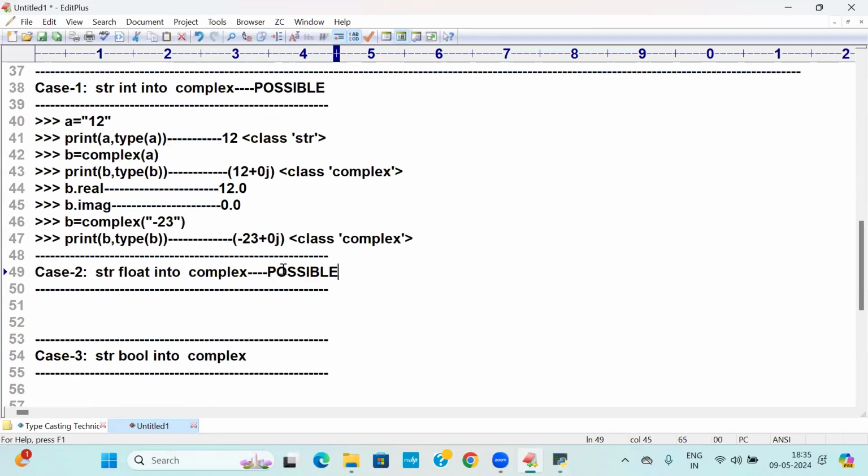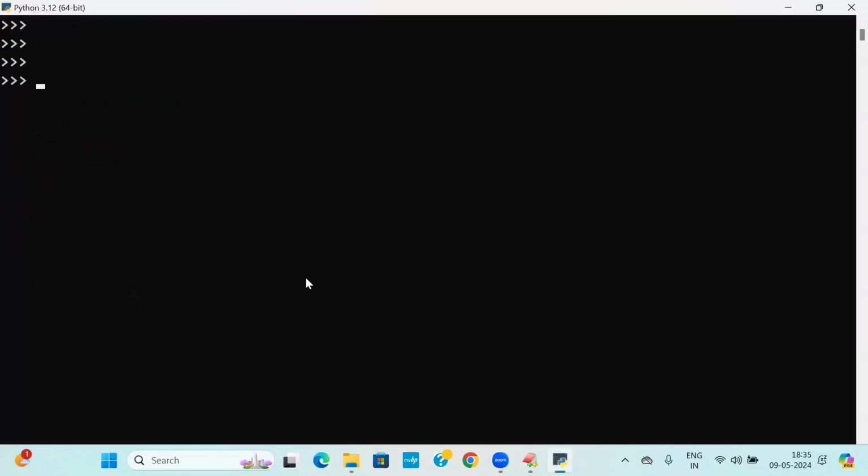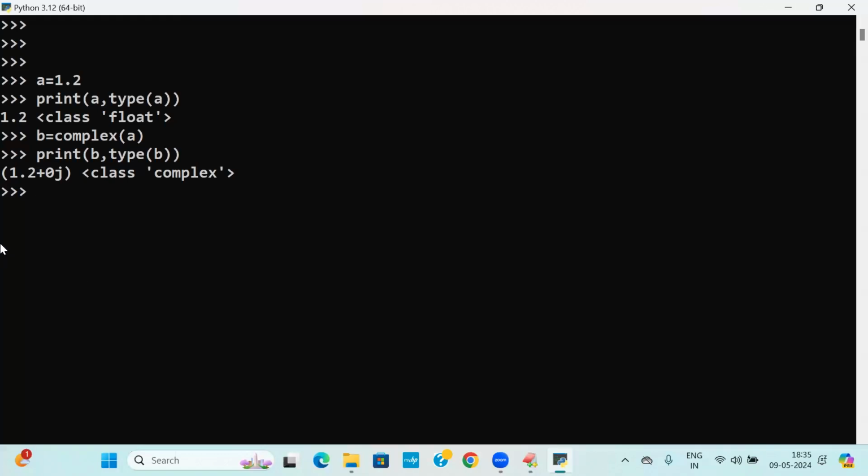Next, you tell me, possible or not possible? Also possible. Why? Because it is a float. 100% possible. Let us apply that knowledge. A is equal to 1.2. Print of this A, students. Print of this B, and print B, 1.2 plus 0j. B is equal to, directly you can write minus of 3.5 in double quotes.